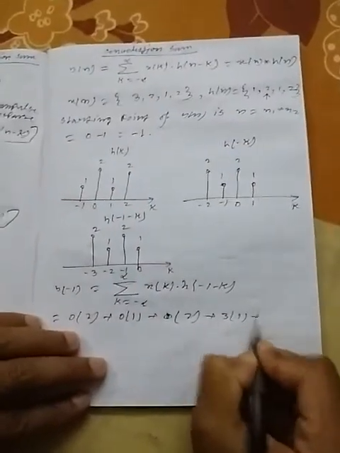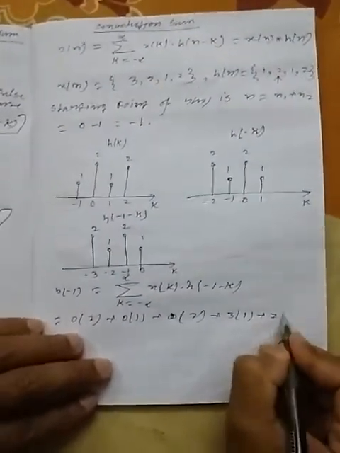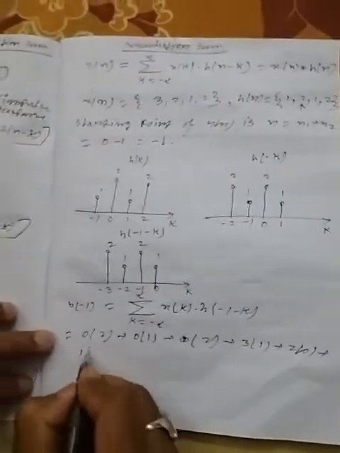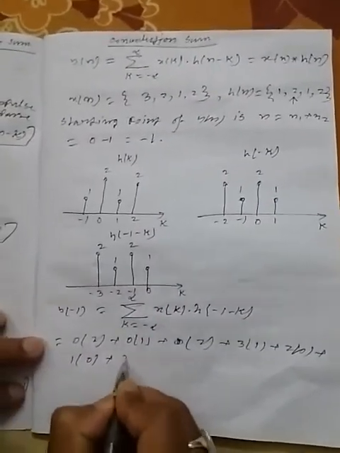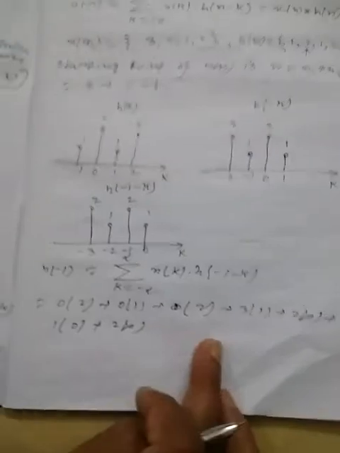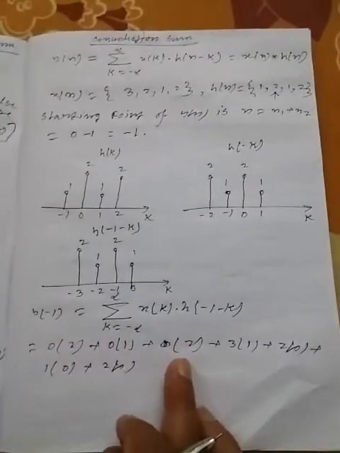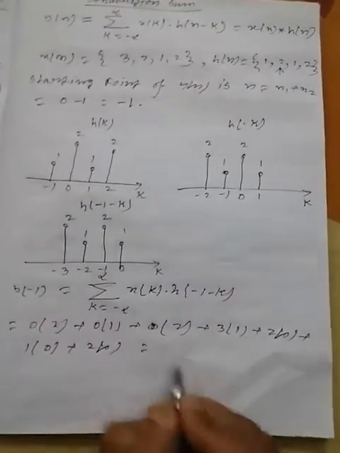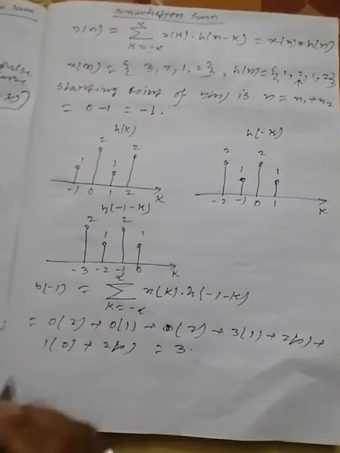Plus the sample value is 3 and here is 1. So 3 into 1 plus 2 into 0 plus 1 into 0 plus 2 into 0, because here is 2, 1, 2. So 2 into 0, 1 into 0 and 2 into 0. Okay, so from here we can see that all the values are 0 except this is 3. So result is 3, right?